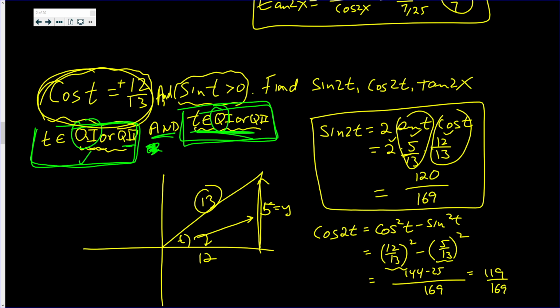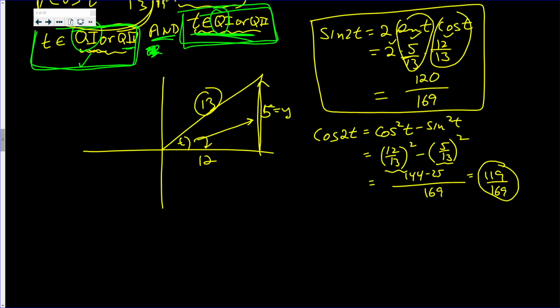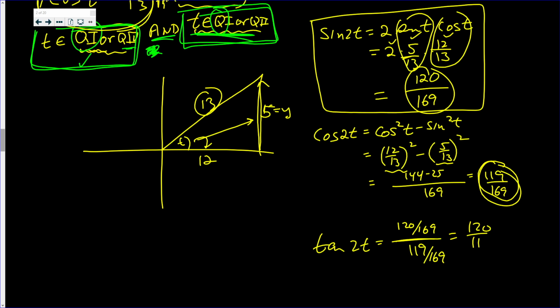Looks right. And that's not factorable. And the tangent of 2t, well, it's the sine of 2t divided by the cosine of 2t, which is just 120 over 119.